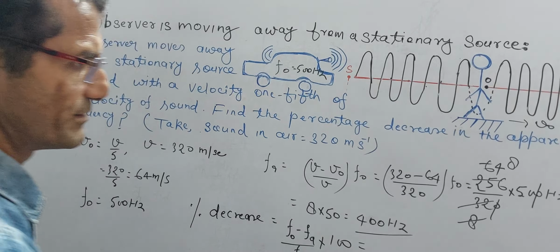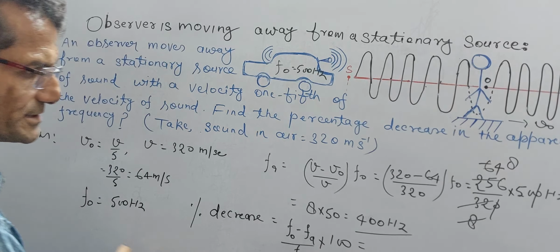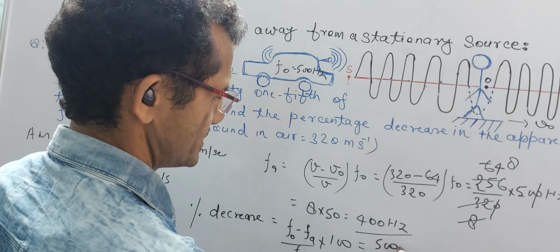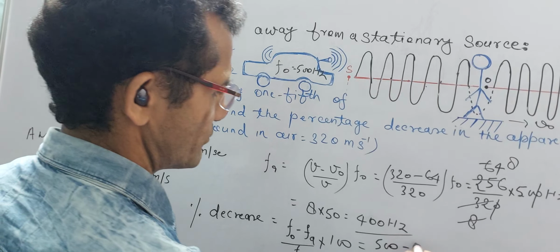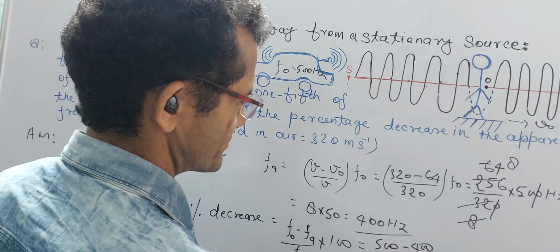F naught, the original frequency, is 500, minus the apparent frequency 400, divided by the original frequency, which is 500.